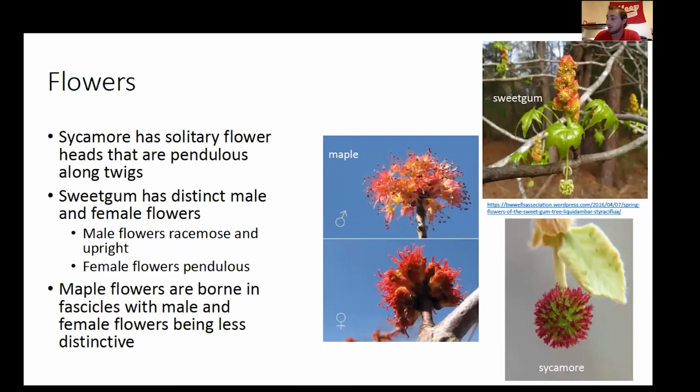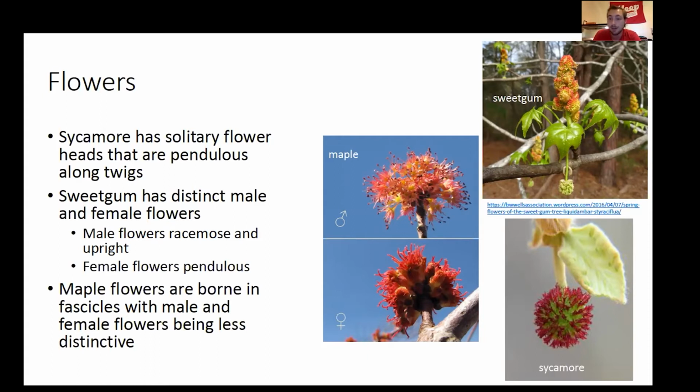For our species today, the sycamore, like I said, has this solitary pendulous flower head with very distinctive red on the green head. Our Sweetgum has very distinctive male and female flowers. The male flowers are racemose. Racemose is how we describe a raceme when we're describing the feature being there.